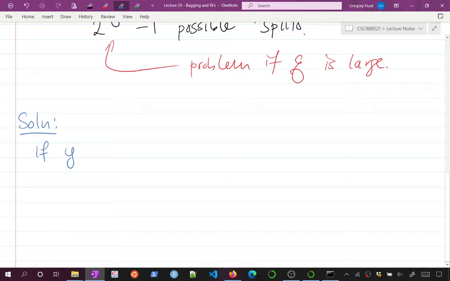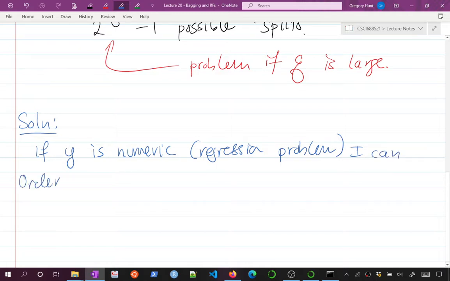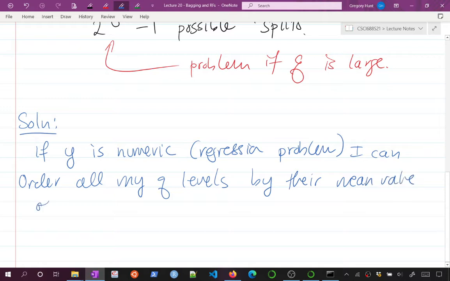So if y, the variable we're trying to predict with our tree, is numeric, that is, we have a regression problem, so we're fitting a regression tree, I can order all of my Q levels by their mean value of y among observations.